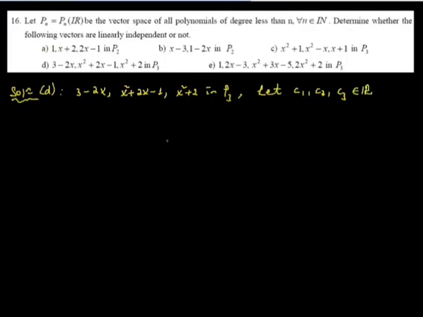የዲን ፓርት ስናይ, the polynomials are 3 minus 2x, x square plus 2x minus 1, and x square plus 2 alone. These are in P3. okay, now for these polynomials let the coefficients c1, c2, c3 be elements of real numbers.